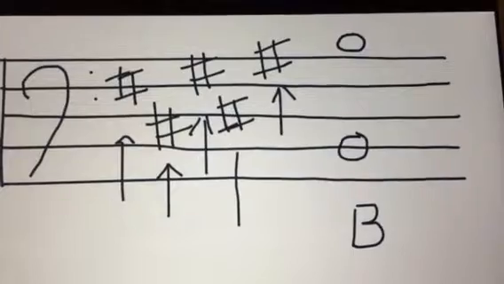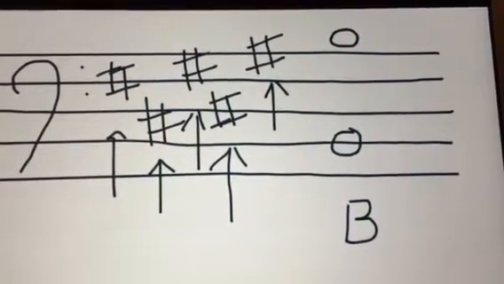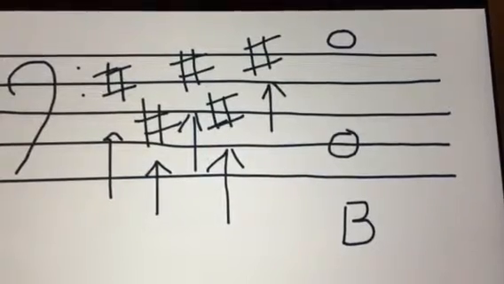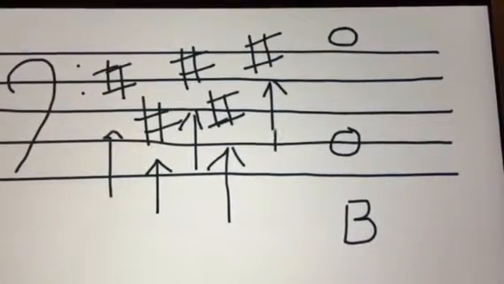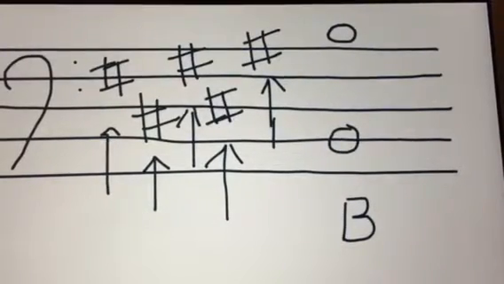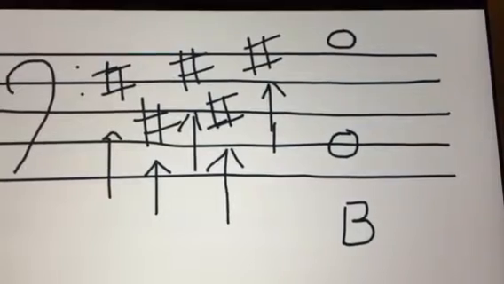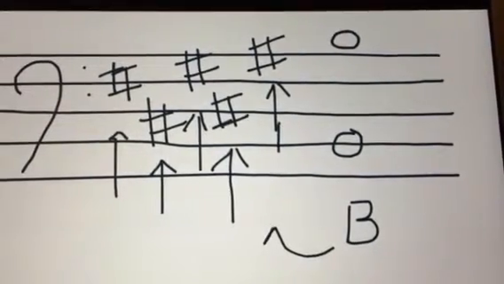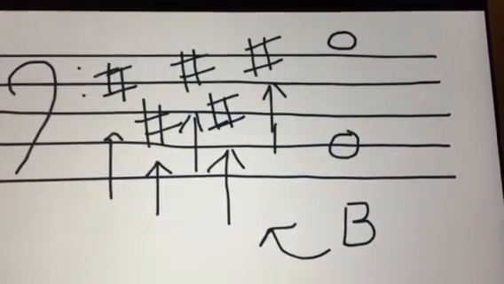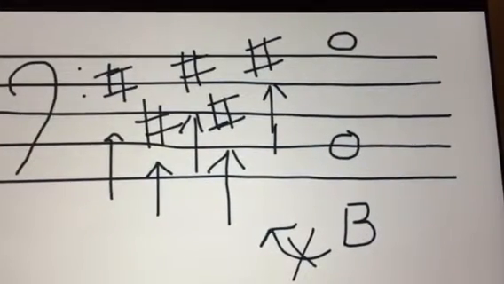The fourth sharp is D sharp, and the last sharp is A sharp. So there are no B's in the key signature. So we are in the key of B major.